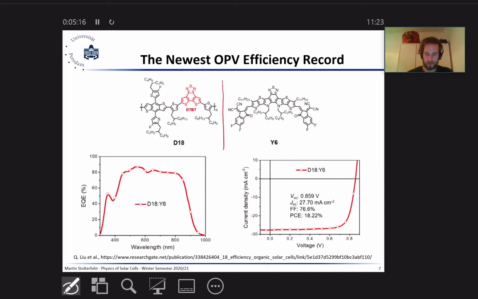For example, Y6. And this is now the workhorse for all efficient organic solar cells. I think most of the recent records use this Y6 as a non-fullerene acceptor.